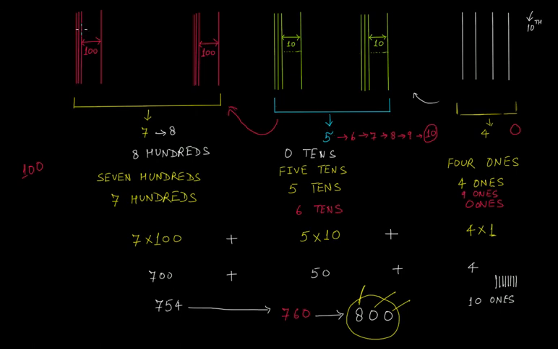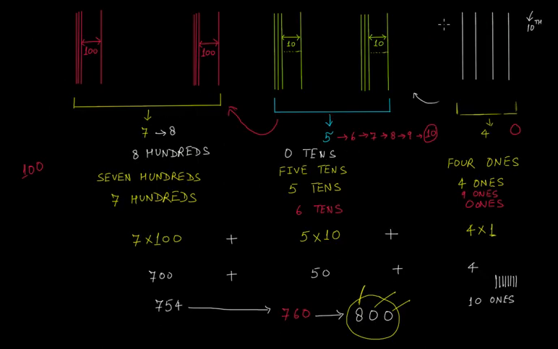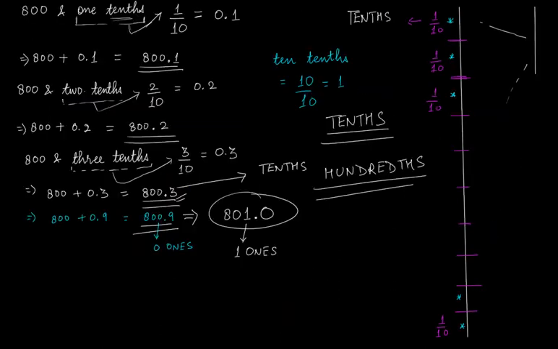We are having here a bundle of 100 line segments, and we were having 7 such bundles. So on the basis of that, we reached this point. Then what we did, we took this one line segment and we divided it into 10 equal parts, and on the basis of that I showed you this tenths.